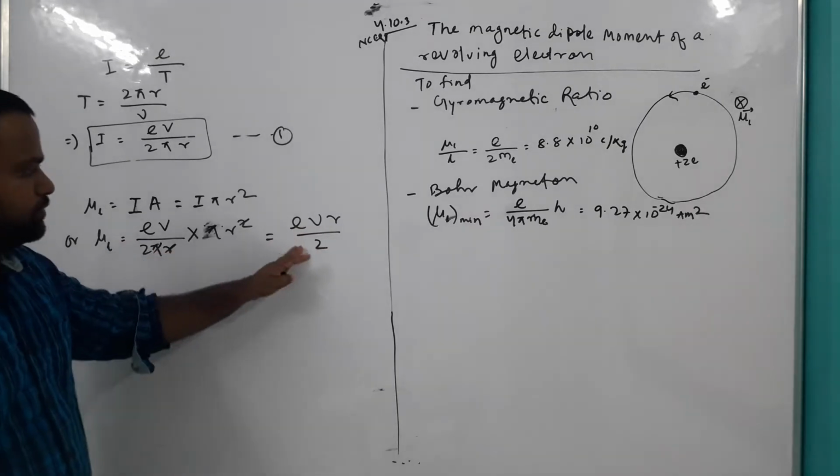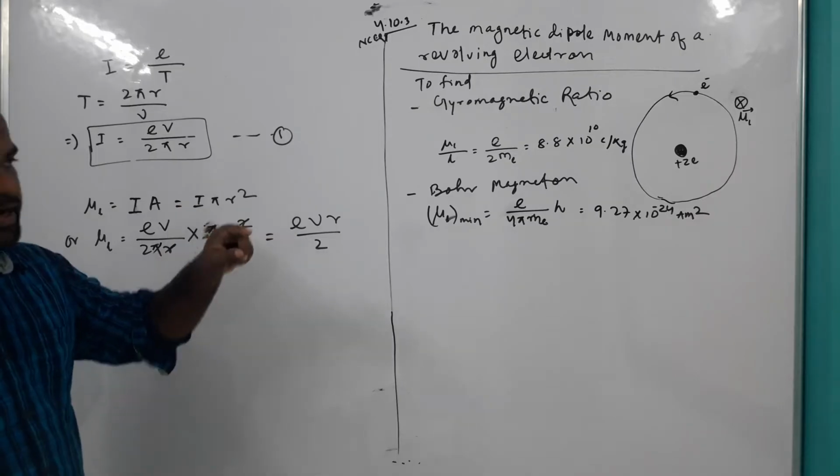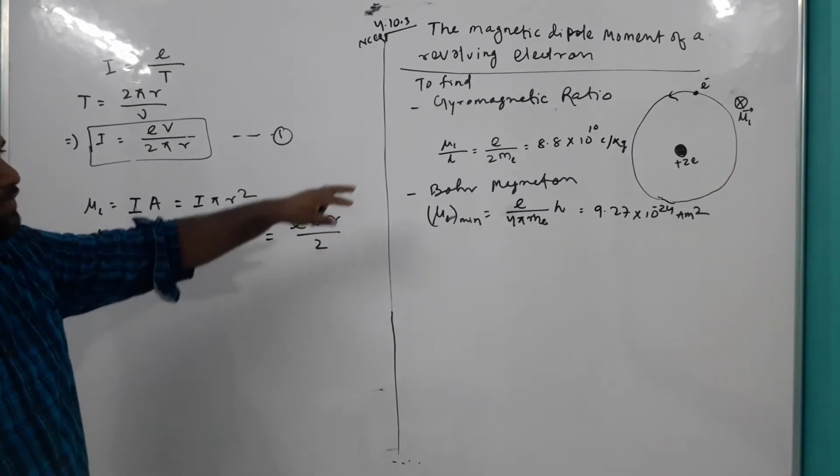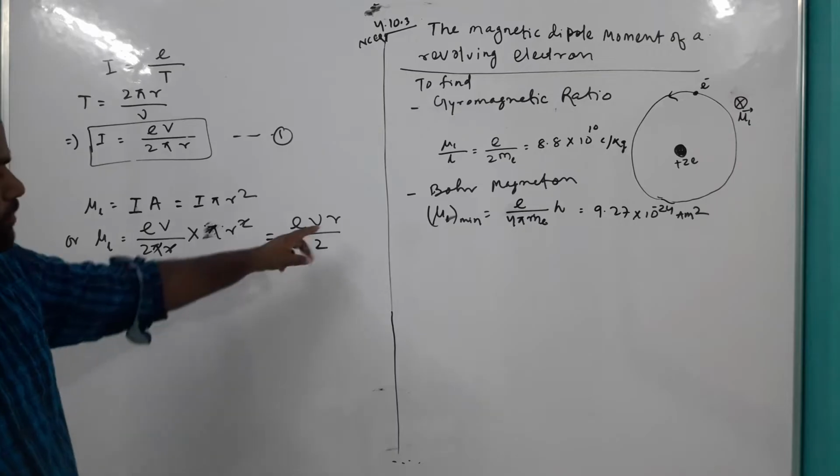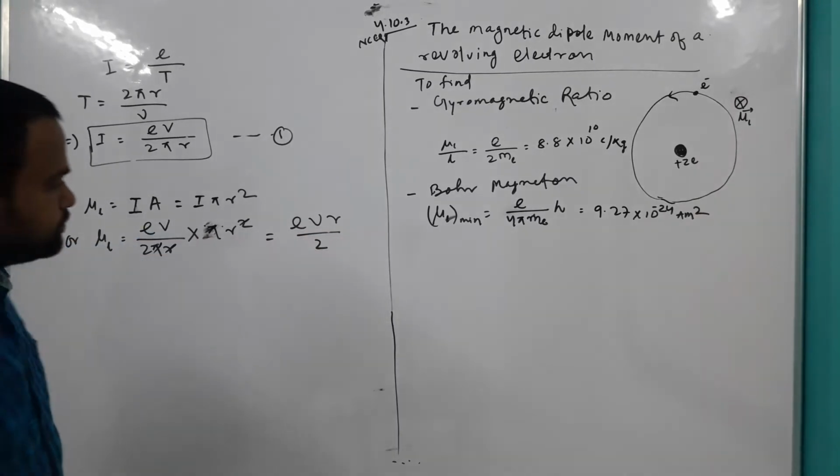Now what we'll do is multiply and divide by the mass of electron in the numerator and denominator.